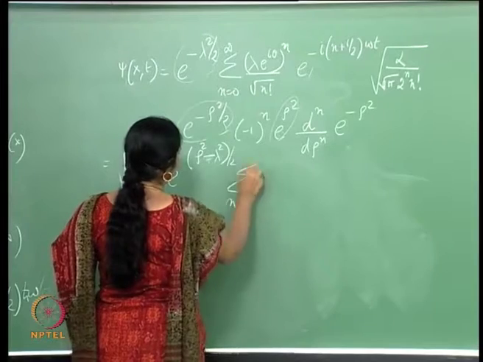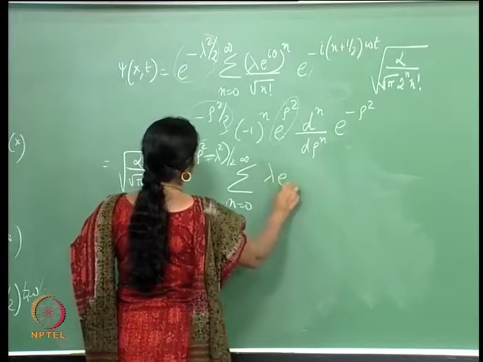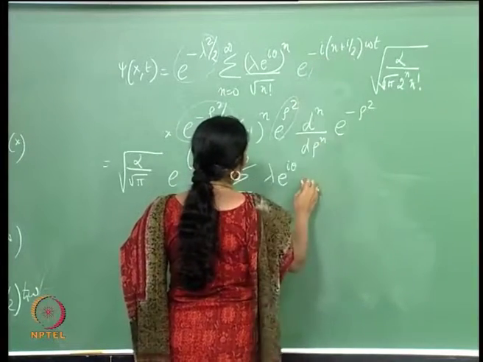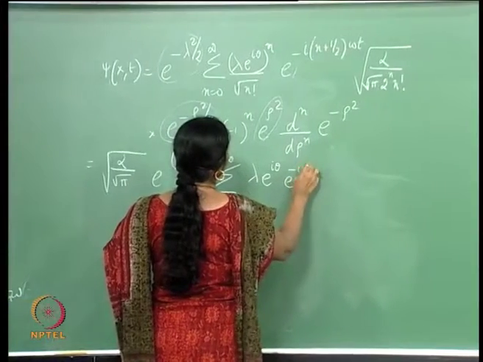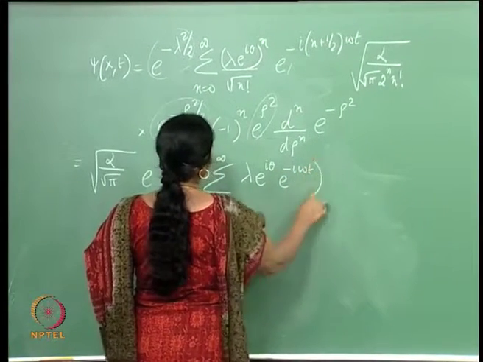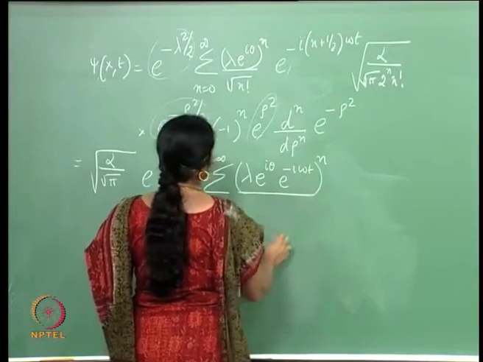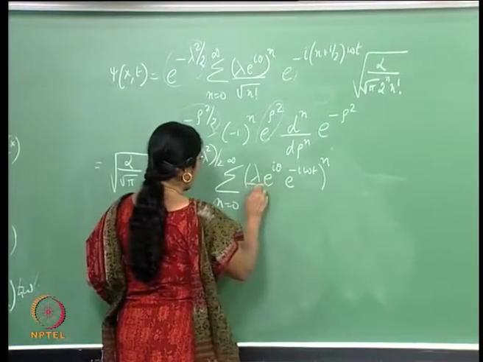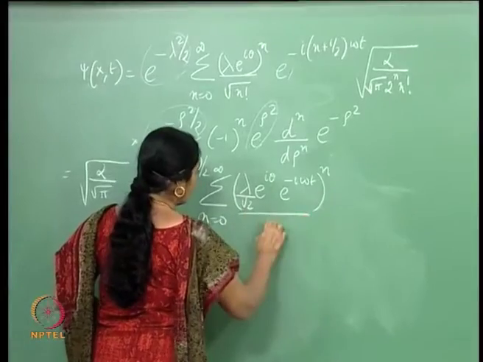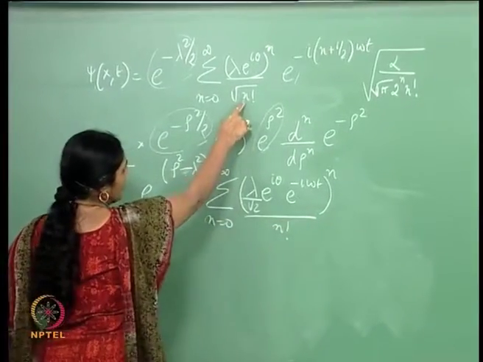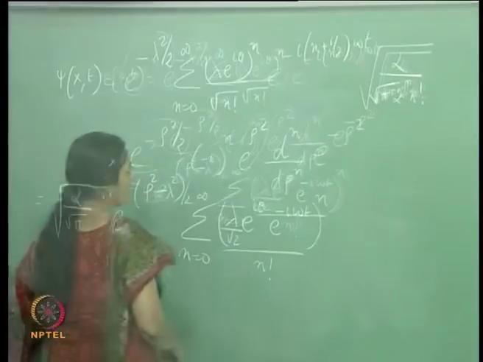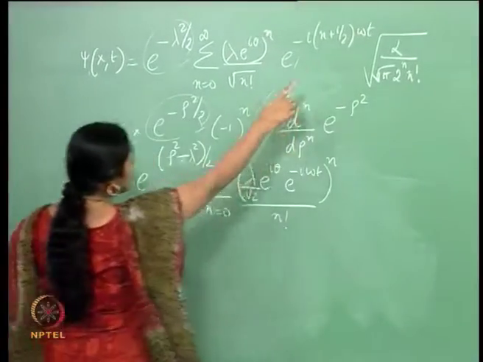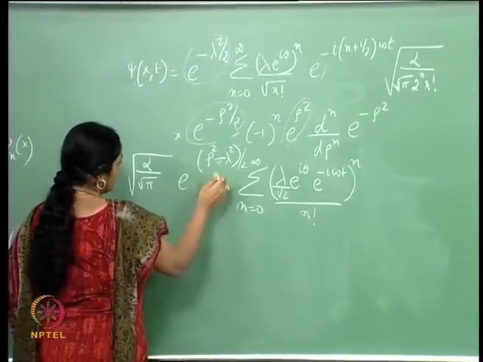So I have summation n equals 0 to infinity lambda e to the i theta, and then I have an e to the minus i omega t, the whole to the n, but then I also have a root 2 here. So perhaps I can write lambda by root 2, the whole to the n. There is an n factorial because there is a root of n factorial there and a root of n factorial out there, and therefore that gives me this object. But I also have an e to the minus i omega t by 2, which I can pull outside.